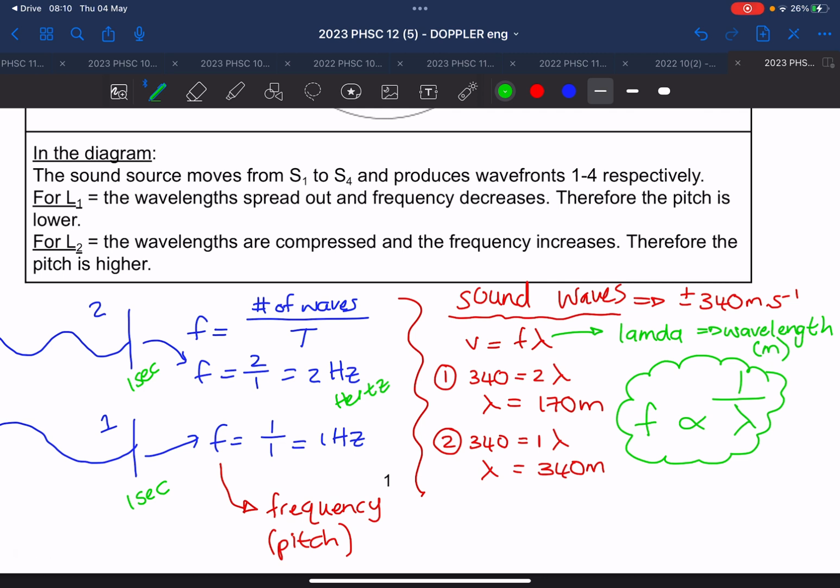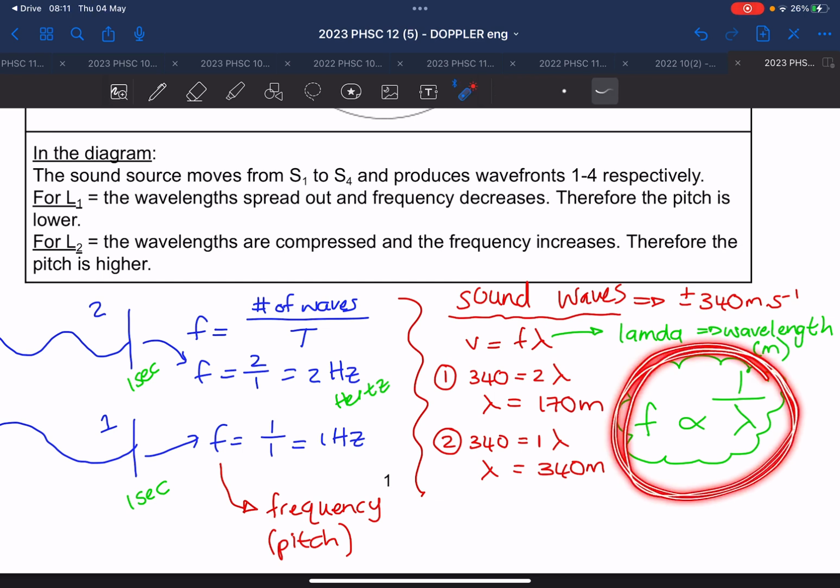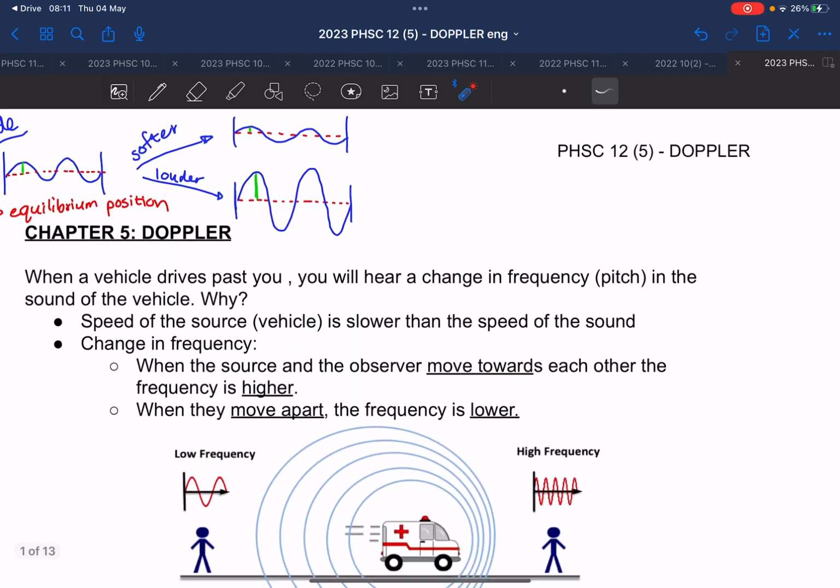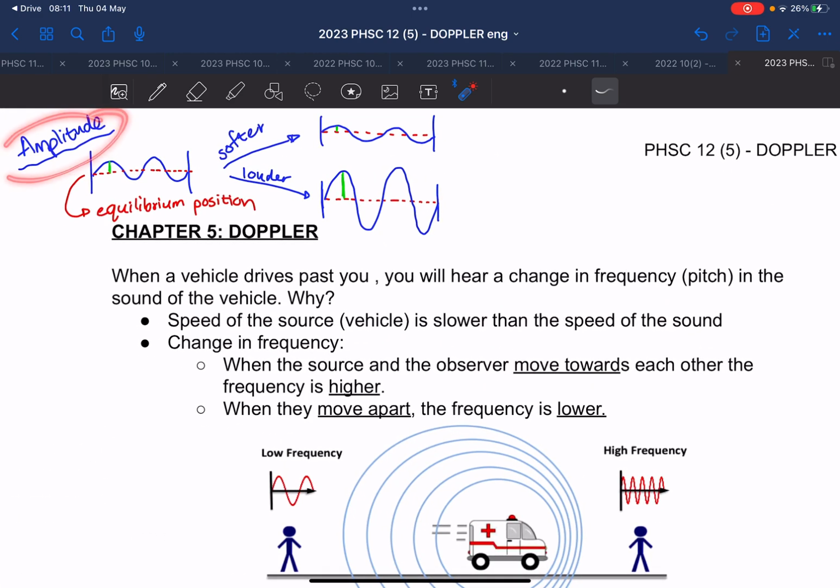And frequency and wavelength, or lambda, are inversely proportional to one another. Then we have amplitude, and amplitude has to do with how loud or how soft a sound is. It has nothing to do with the pitch, nothing to do with how many waves. It is just how loud or how soft.